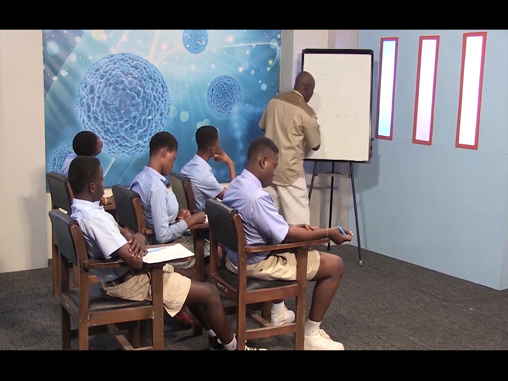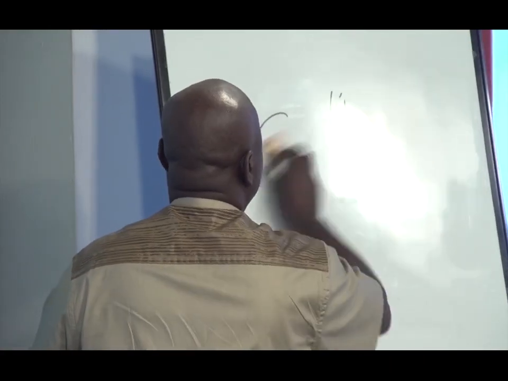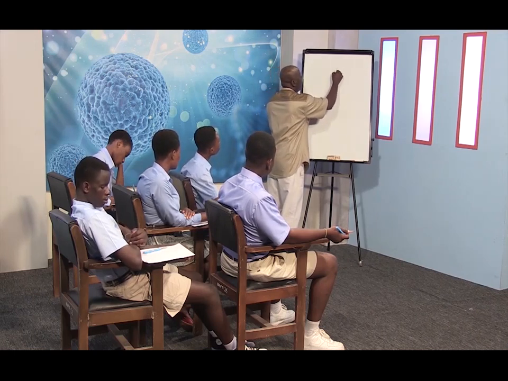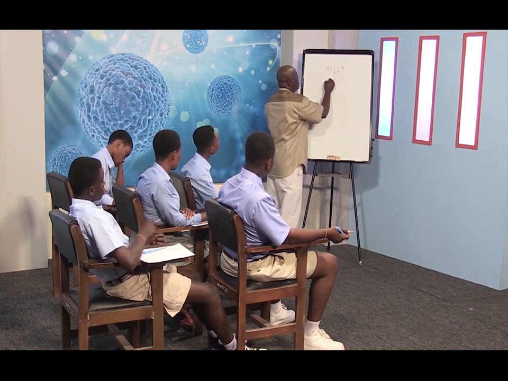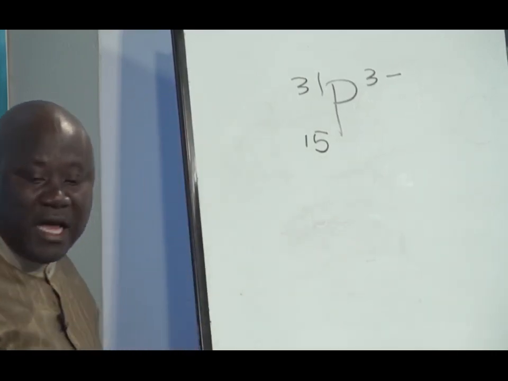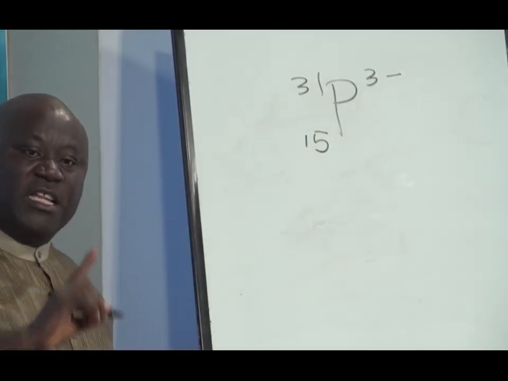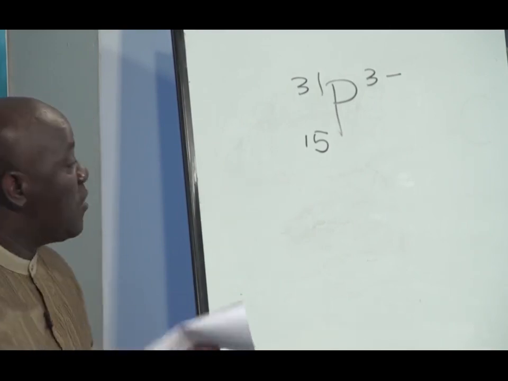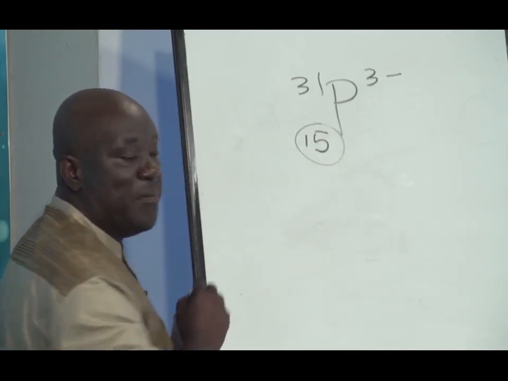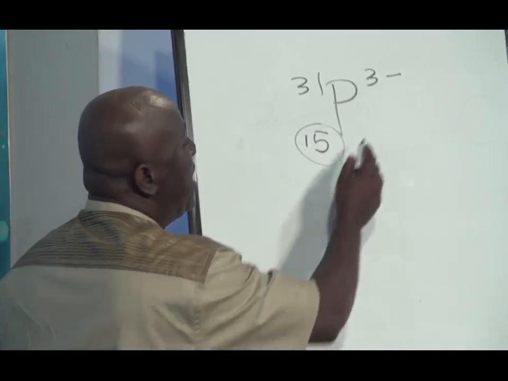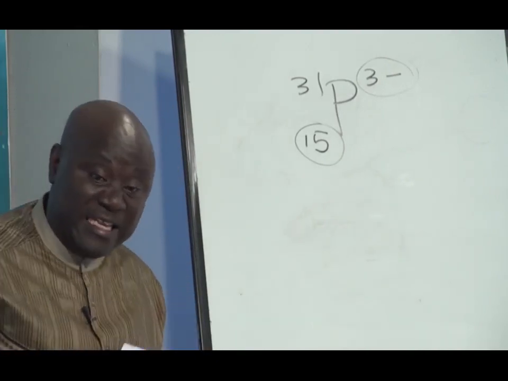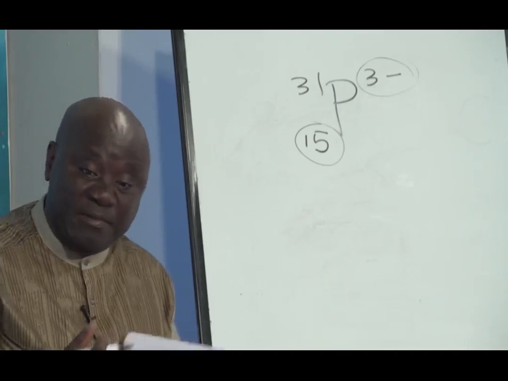Now, the substance was represented as... For anions, the total number of electrons available is equal to the atomic number plus the number of electrons that have been gained.